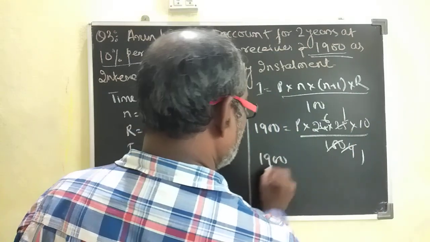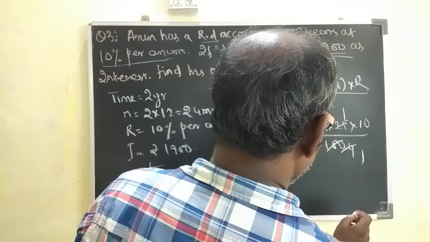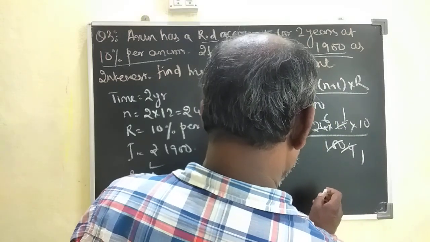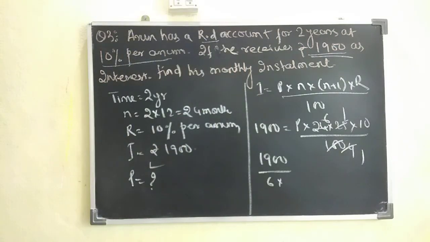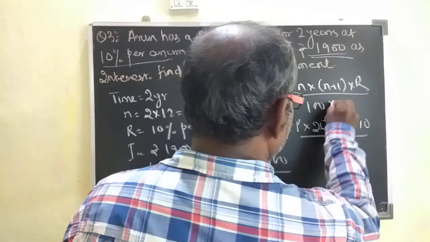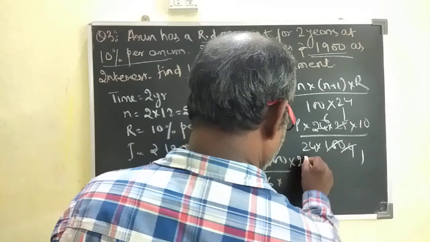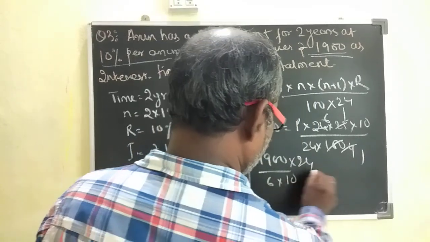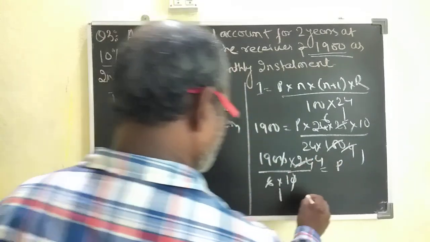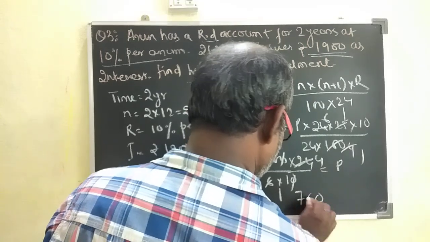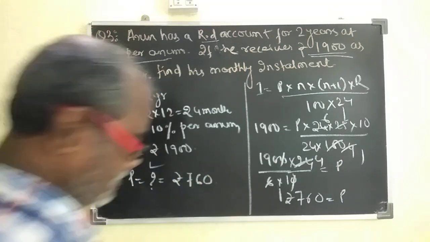So 1900 by 6 into 24. So P equals rupees 760.